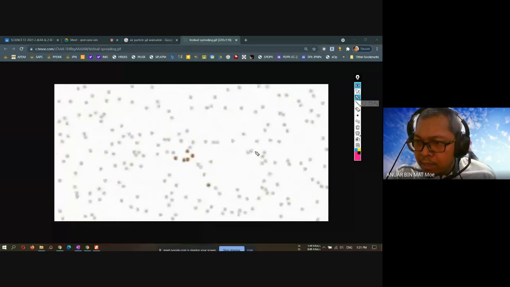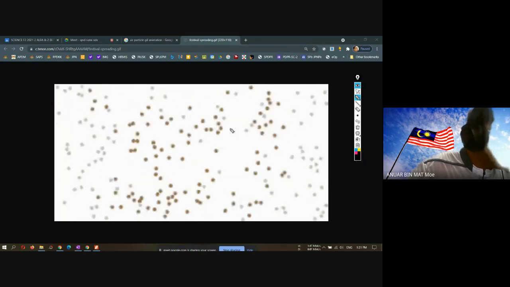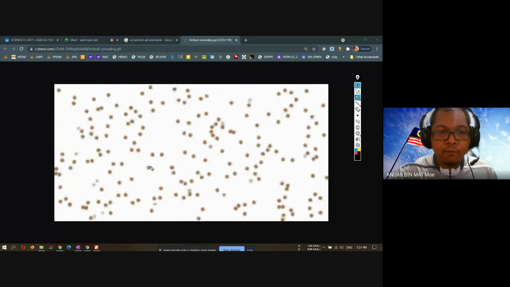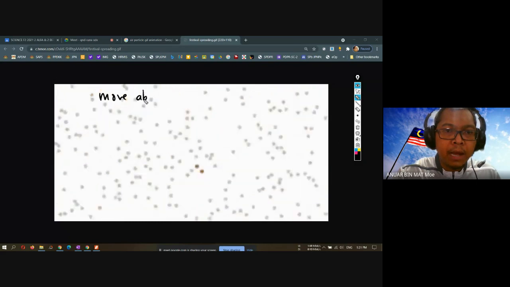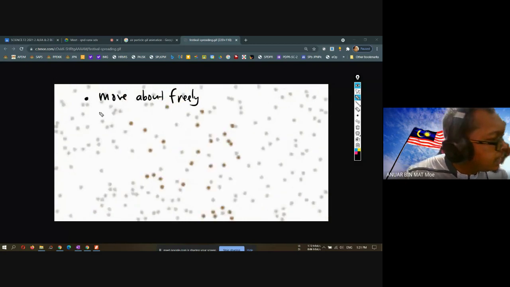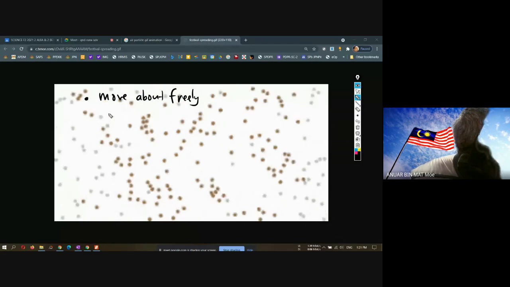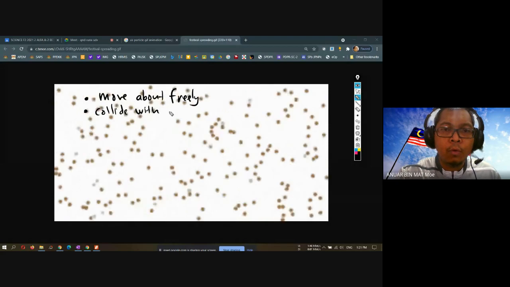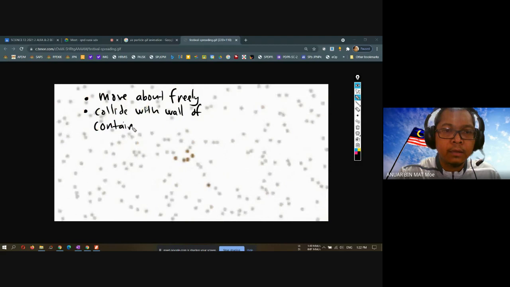If you still remember, air particles always move about freely, and then collide with the wall of the container.